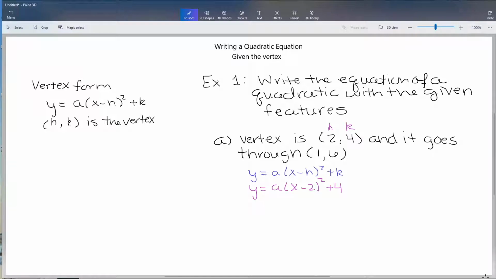After I've done that, I'm going to plug in my second point for x and y, and this is going to let me find a. Okay, so here we go. Plug in 6 for y and 1 for x. So here I'm going to have a 1 minus 2 is negative 1.